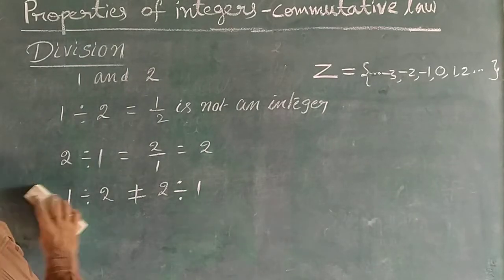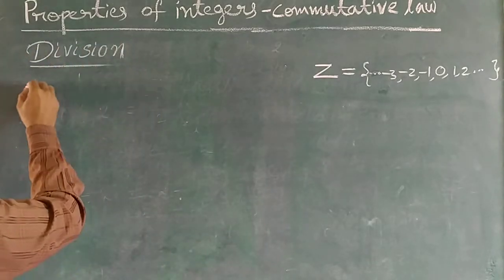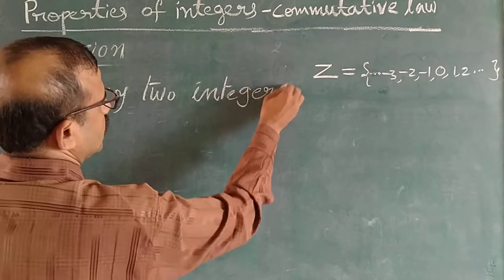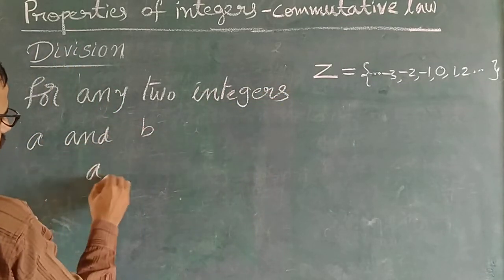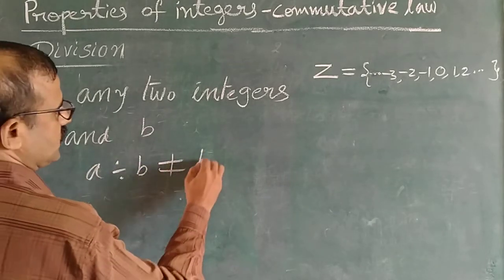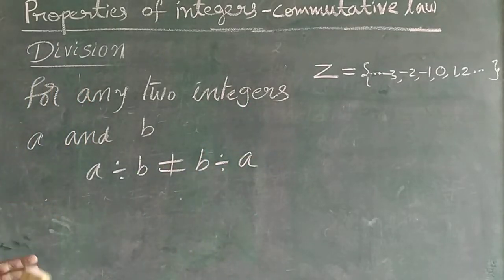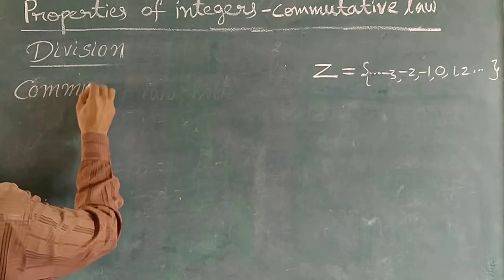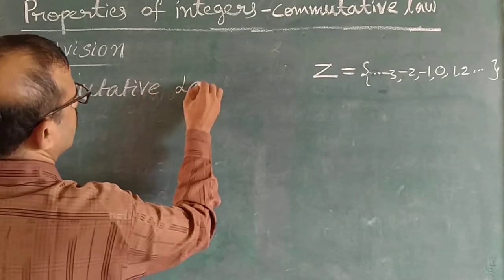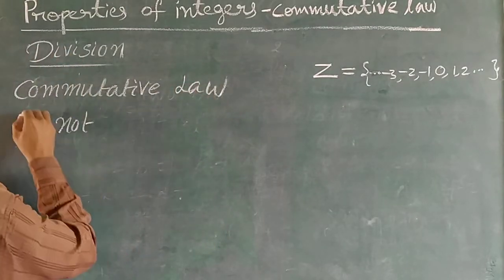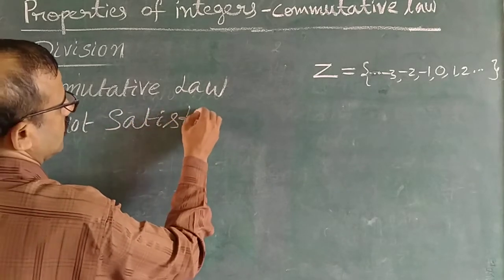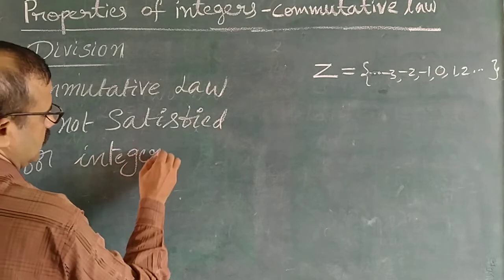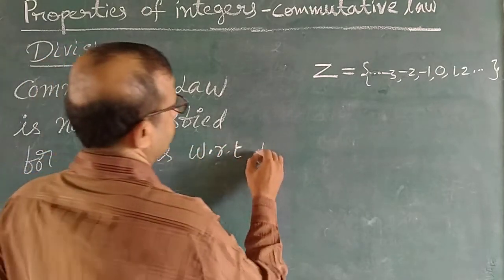So therefore, for any two integers A and B, A divided by B is not equal to B divided by A. Therefore, commutative law or property is not satisfied for integers with respect to division.